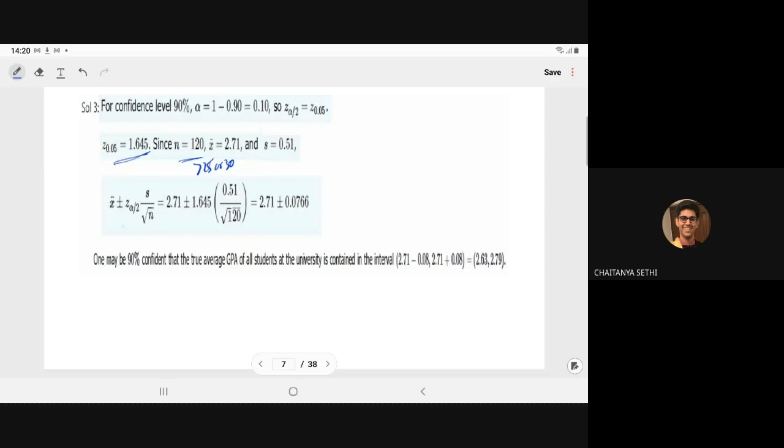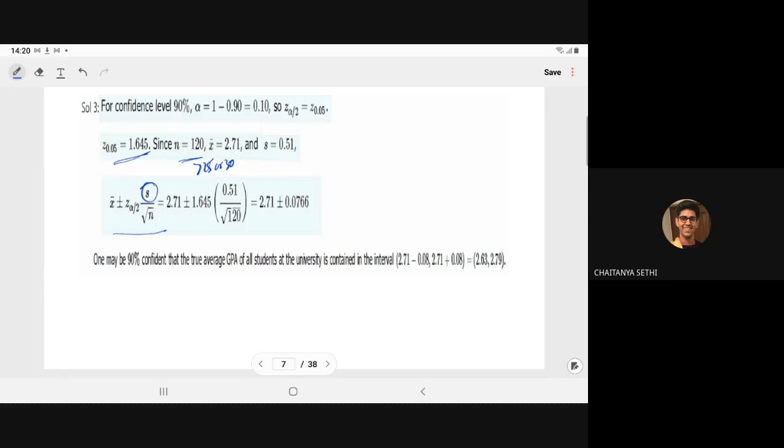So the confidence interval will become x bar plus minus z alpha by 2, and now instead of sigma we use the given sample standard deviation, because sigma is not known. We know only the sample standard deviation. So instead of the population standard deviation, we replace it with the sample standard deviation: x bar plus minus z alpha by 2 s upon root n.